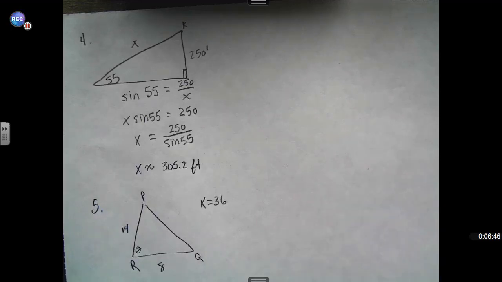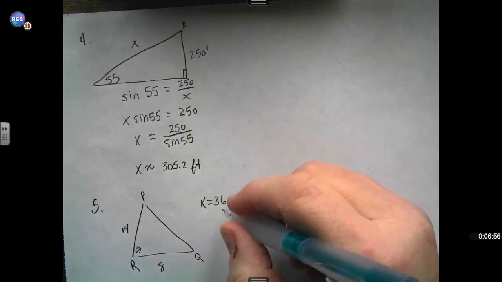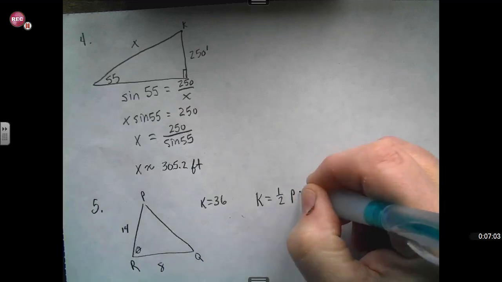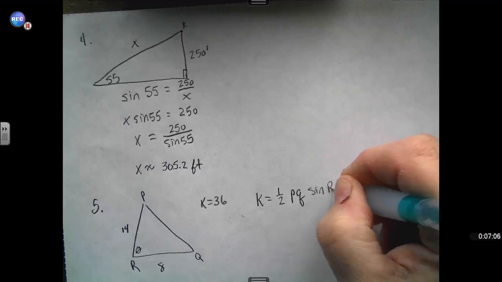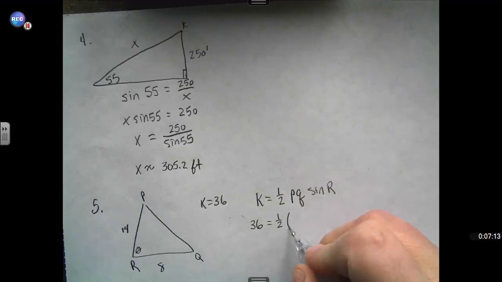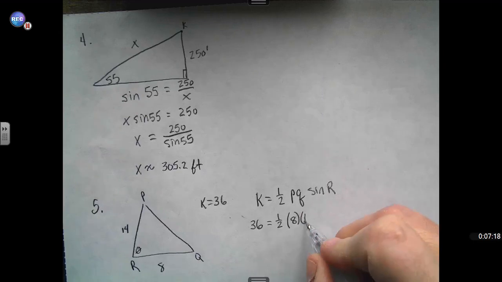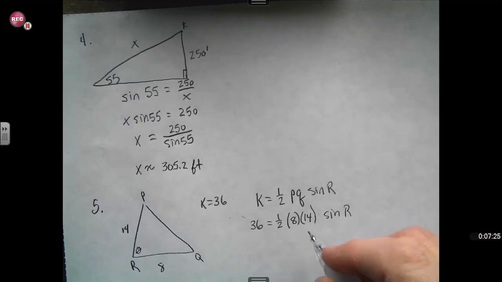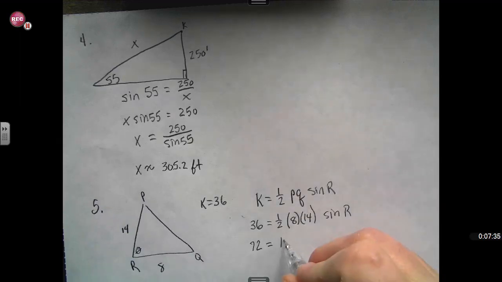The formula for area is 1/2 PQ sine R. So they gave me the area, they gave me P, and they gave me Q. So I should be able to solve this for R. And so let's see, 72, getting rid of that 1/2, and then 8 times 14 is 112.